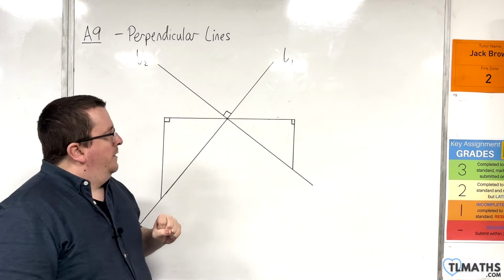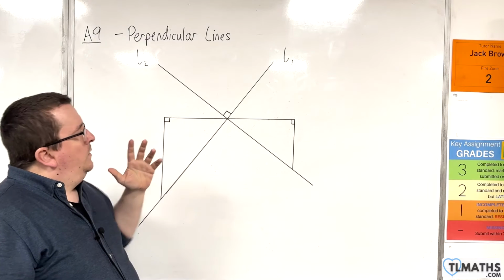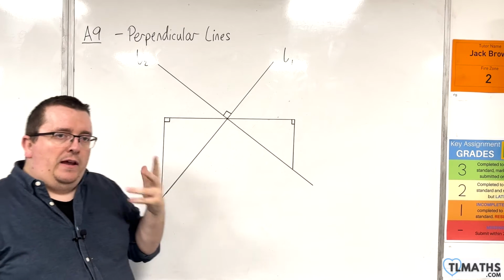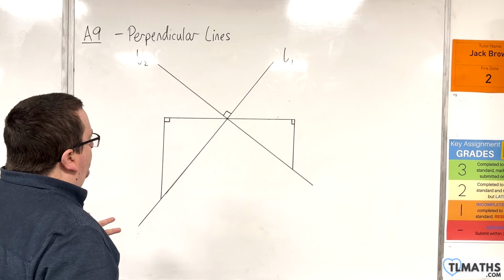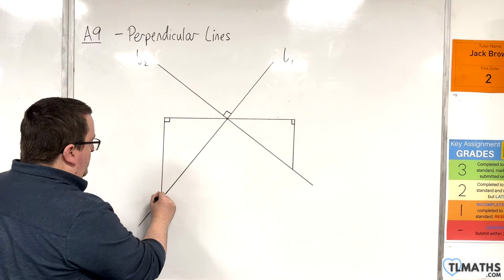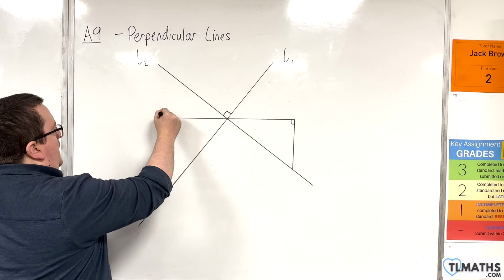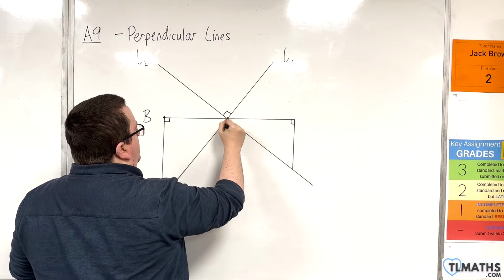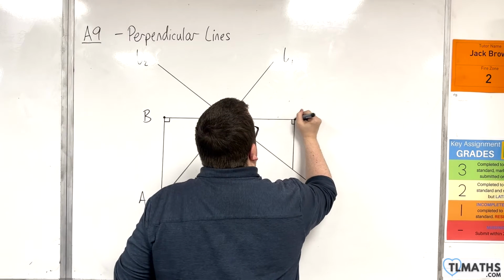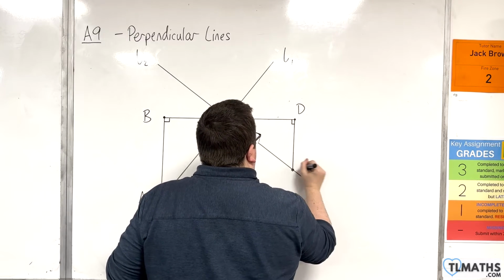But beside the point. Now, let's label some points. Let's call this point A, this one point B, this one point C, this one point D, and this one point E.